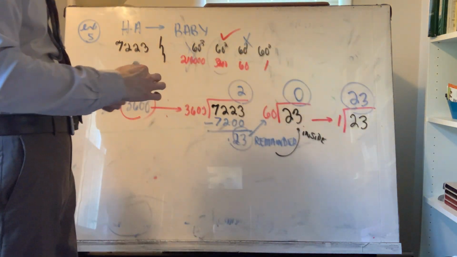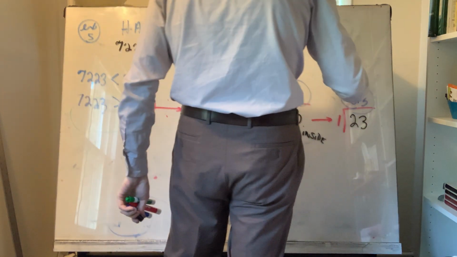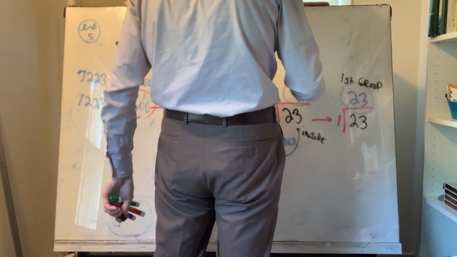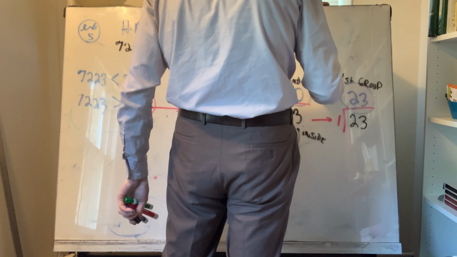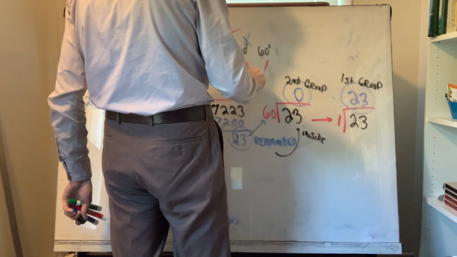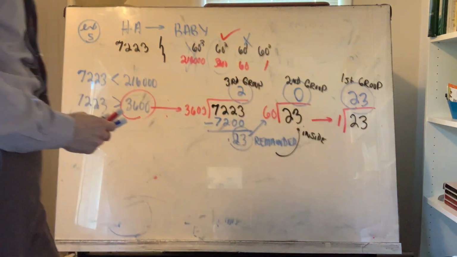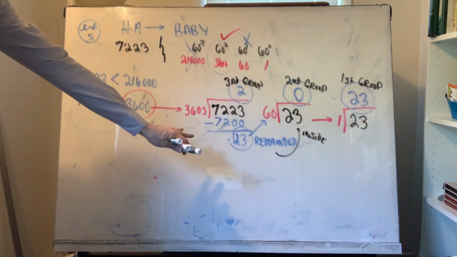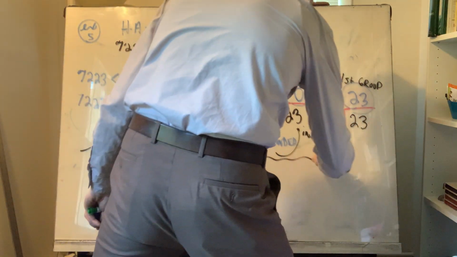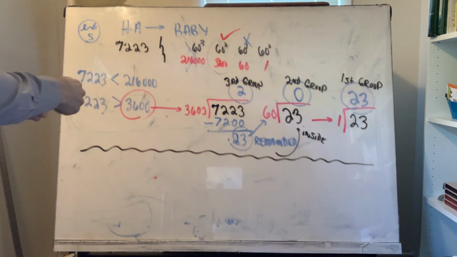All right. This would be first group. All right. This in theory would be a second group. And this would be a third group. All right. If I were going to use this as part of the model that is the Babylonian model, just give myself a little bit of space here, we would have this, right?